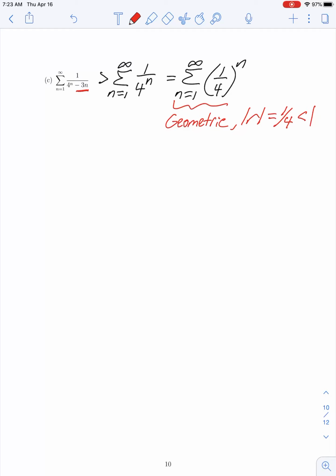So instead, let's try to use a limit comparison by comparing with this same geometric series. Let's compare with the sum from 1 to infinity of 1 over 4 to the nth power, which we know is a convergent geometric series.